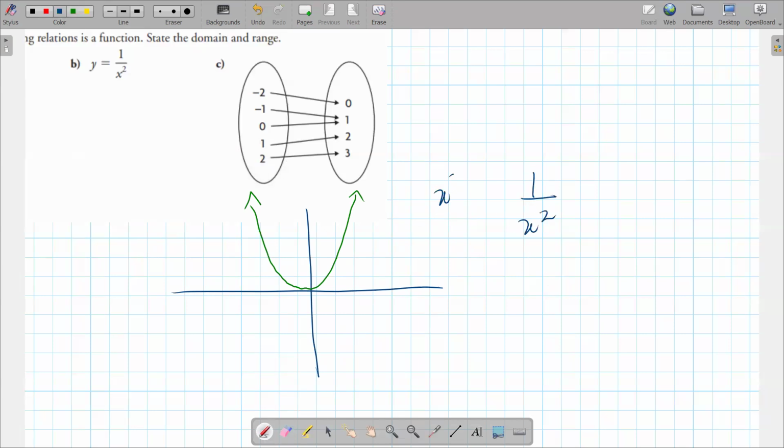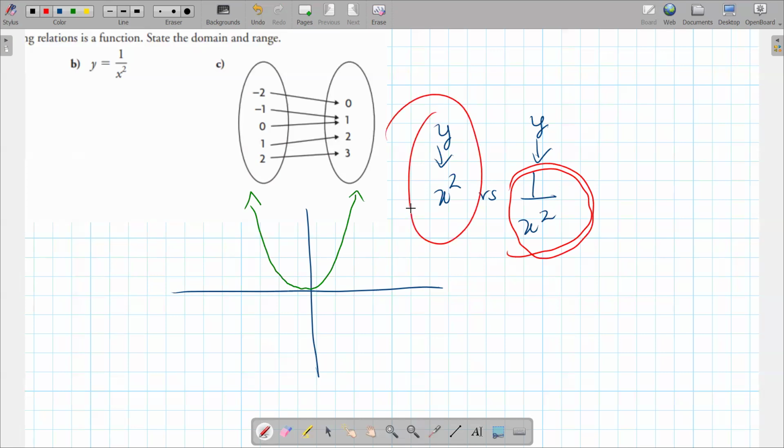The only difference between y equals x squared and y equals 1 over x squared is that in the reciprocal function, all the y values are flipped upside down. They're all 1 over the original y value. Whatever the y value was for the original function, for the reciprocal function, you just flip it upside down, or do 1 over.